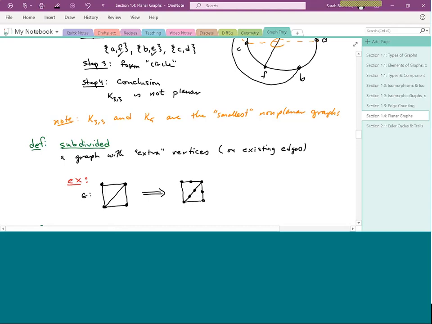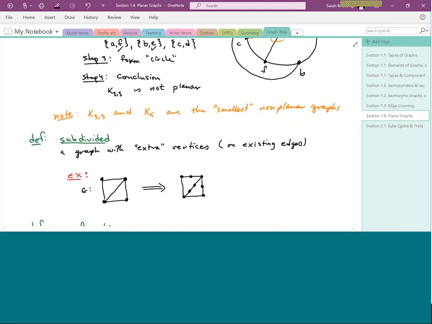Now, technically speaking, in the subdivided graph, you are getting more edges because you've broken a long edge into smaller pieces. But from the picture standpoint, it looks like you've just drawn those vertices on top of edges that already exist. Okay. Now, we actually care about that buzzword subdivided not by itself because it's used in the definition of something.